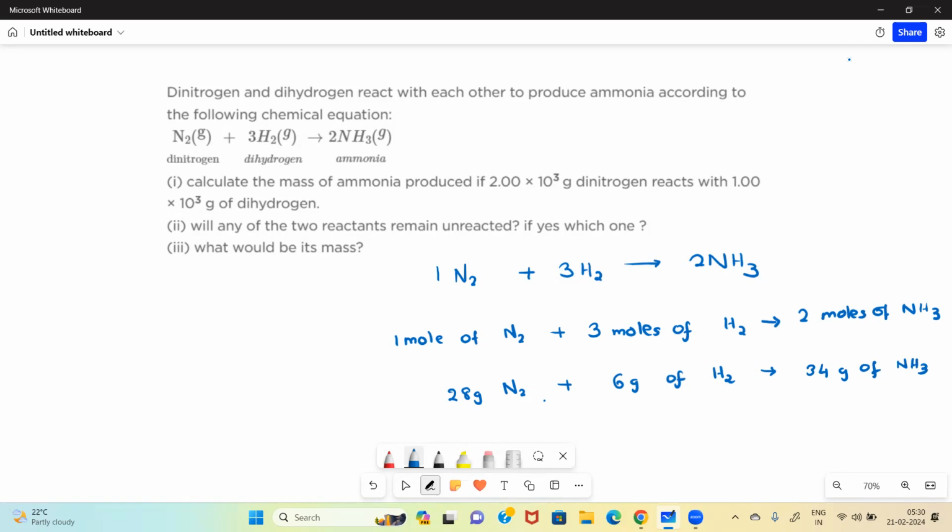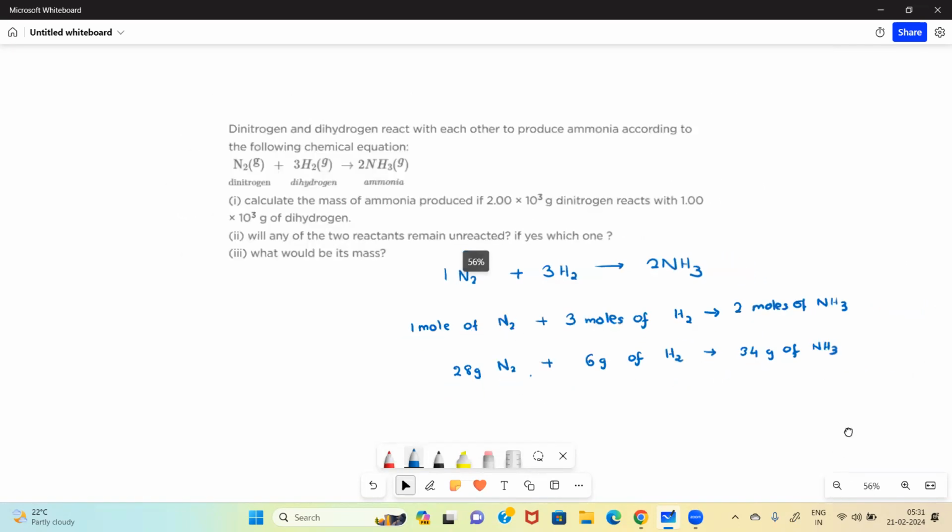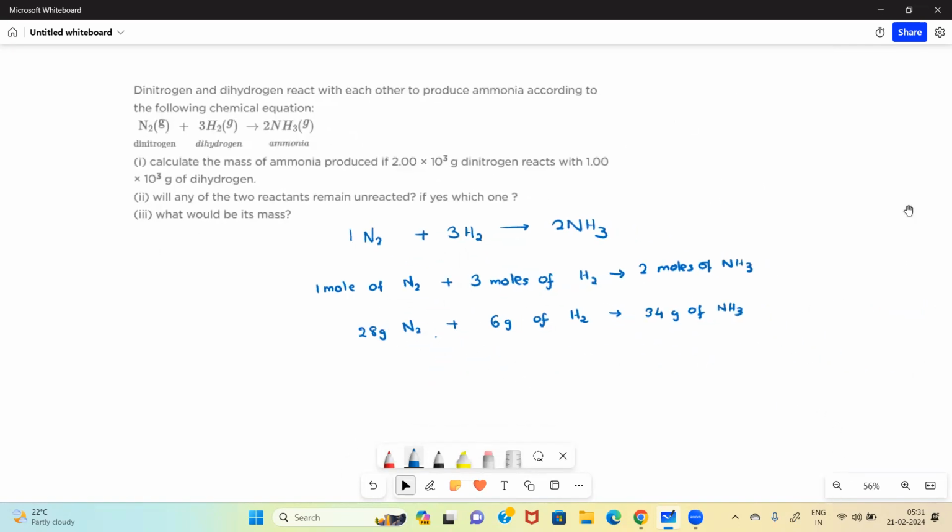Now, what is the ratio in which it is getting consumed? 28 grams of dinitrogen combines with 6 grams of hydrogen, giving 34 grams of ammonia, correct? Now, suppose I divide throughout by 28.